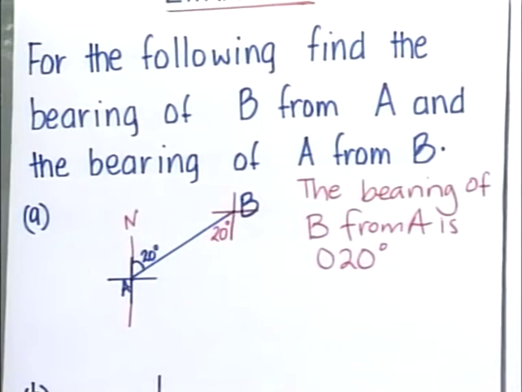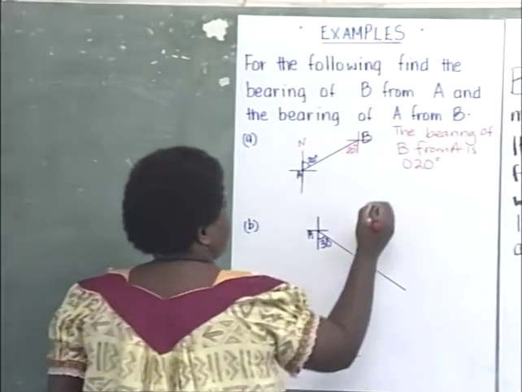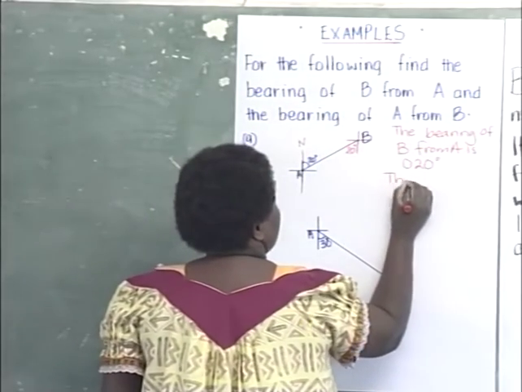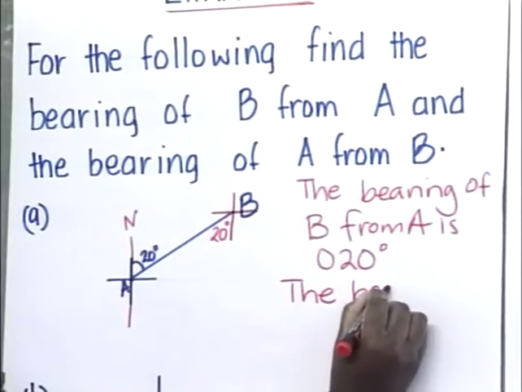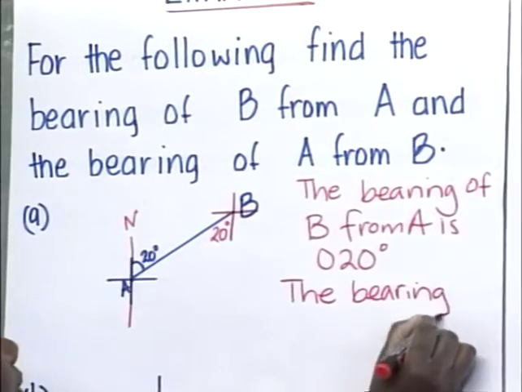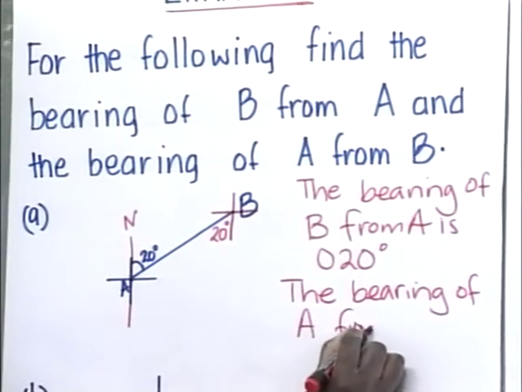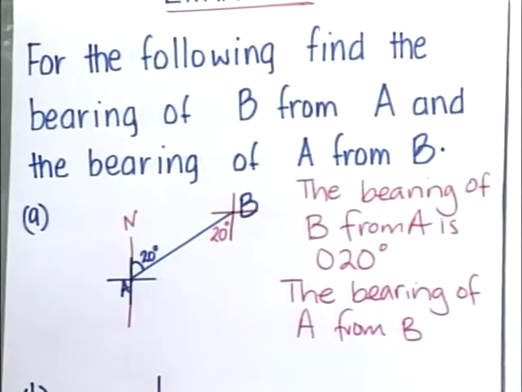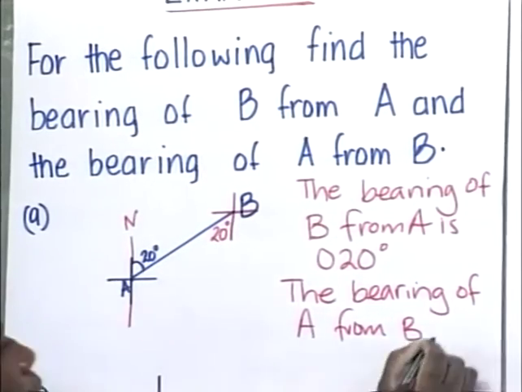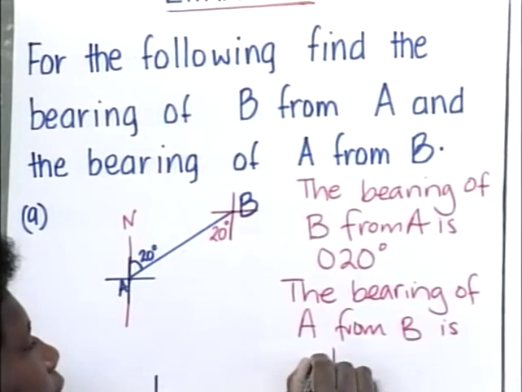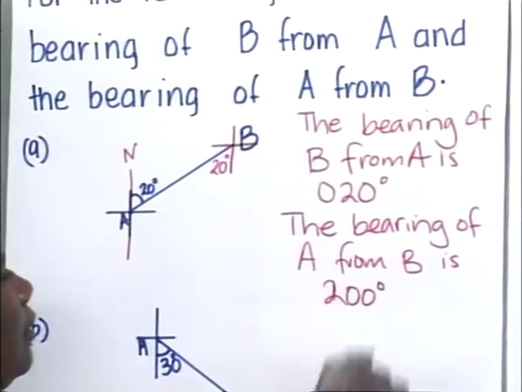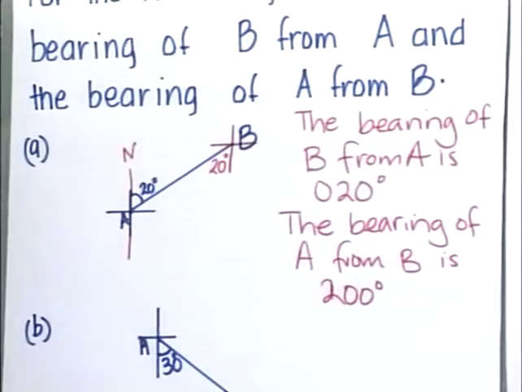Gabriel? 200 degrees. Okay, the bearing of A from B is 180 plus 20, so 200 degrees. Okay, next one.